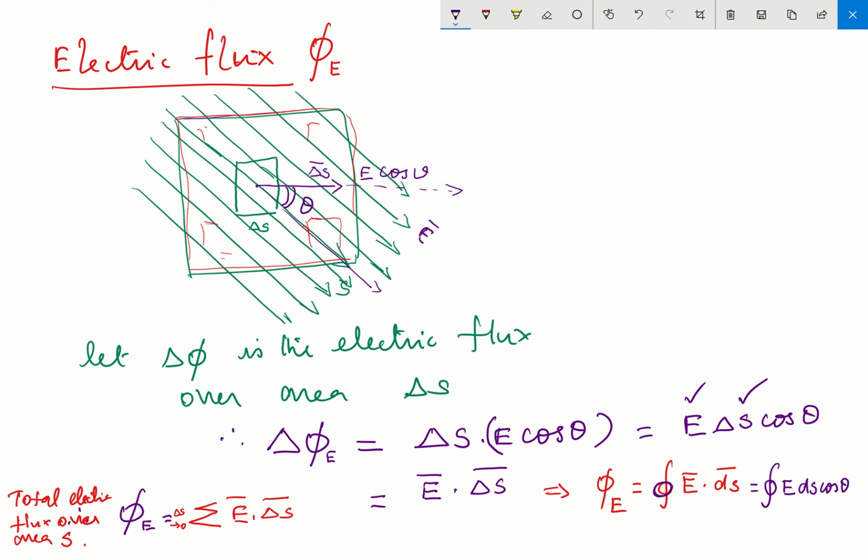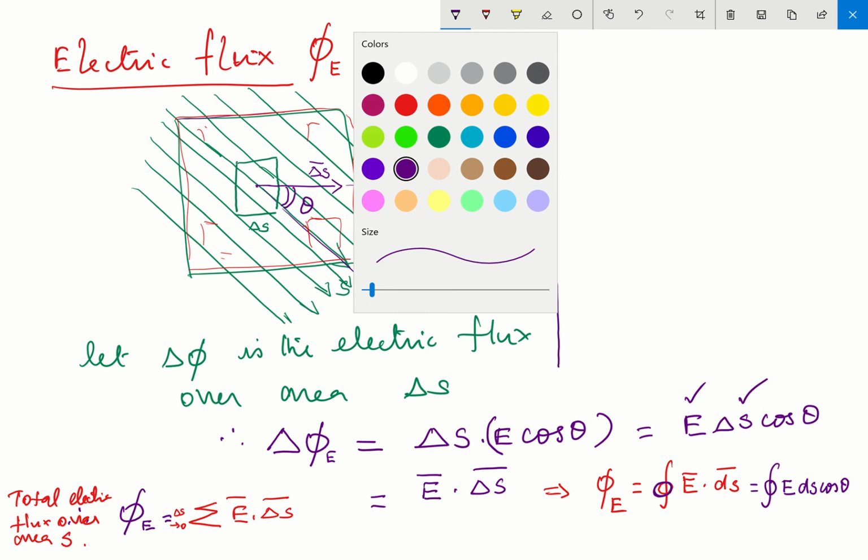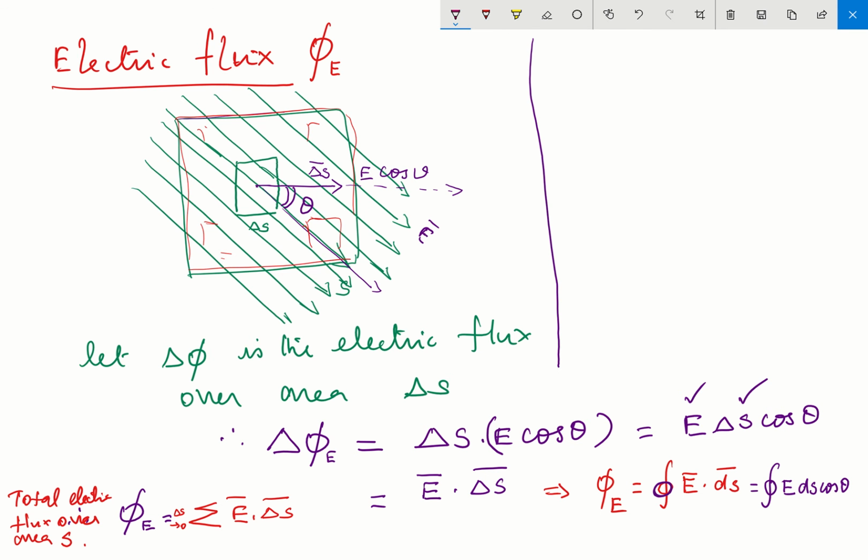Correct? Right. Now, I think you can guess: is electric flux a scalar or a vector? Let me write here so that it is easy for me. You tell me, is electric flux a scalar or a vector?